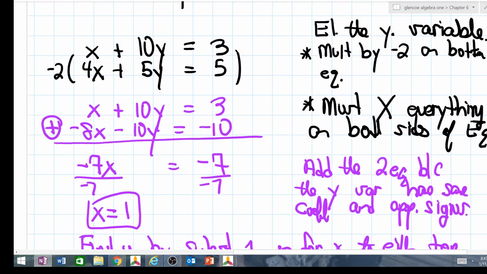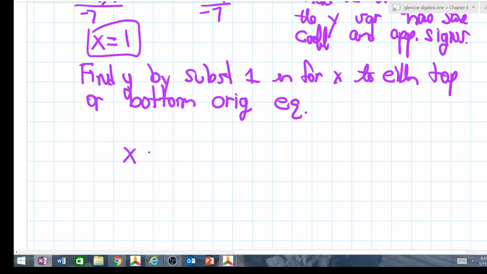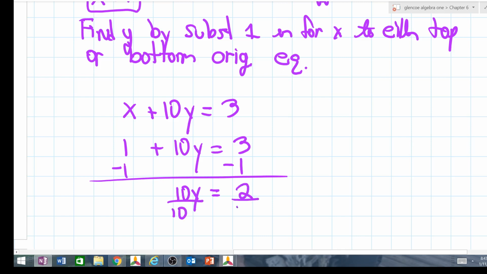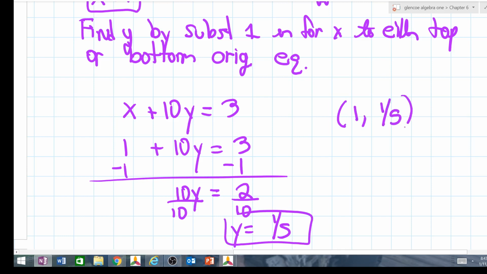Top. x plus 10y equals 3. 1 plus 10y equals 3. Subtract 1 from each side. You get 10y equals 2. Divide each side by 10, and you get y equals 1/5. So your ordered pair here is (1, 1/5).